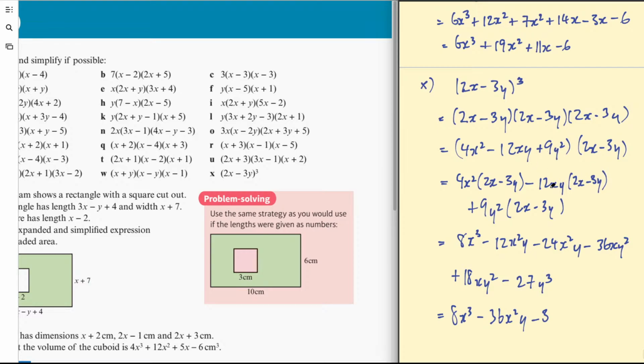I feel like I made a mistake here. Maybe not. So what was I up to? 36xy squared plus 18. The difference there is 18, of course. So this is negative 18xy squared take 27y cubed. Yeah, I've done something.